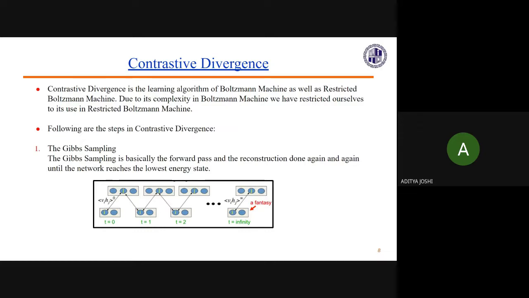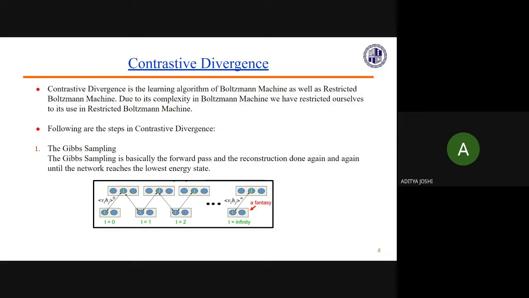Now, in Gibbs sampling, we keep on doing this sampling again and again until we reach a point where you get a set of input nodes, you do the forward pass, you get a hidden layer, and then you do a reconstruction and you get an input layer again. So when does this stop?